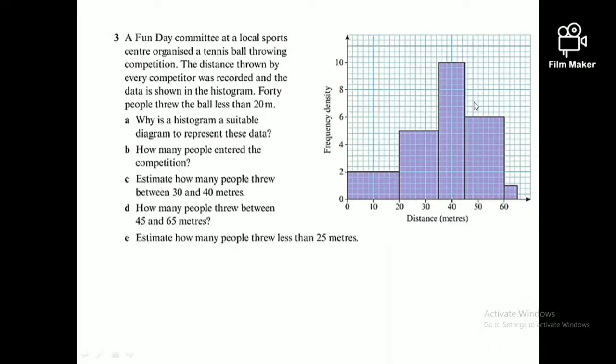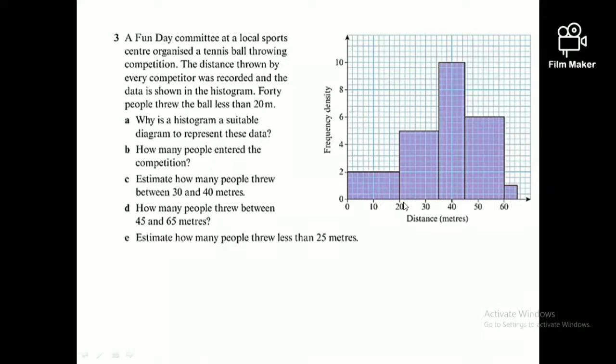The area over here is 20 into 2. Here the area is 15 into, obviously it should be 4. So you can get 4.5, 5.5, and here to here there are 6. The half of that is 5.